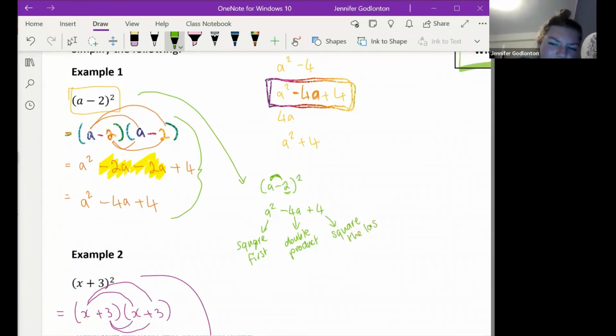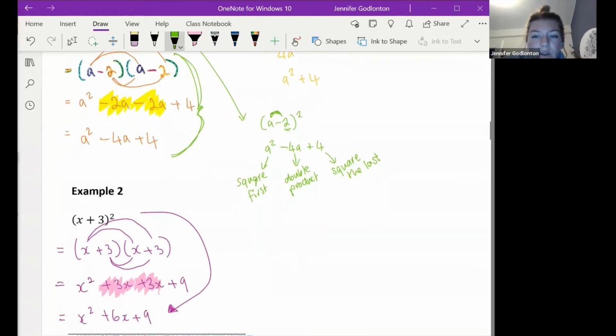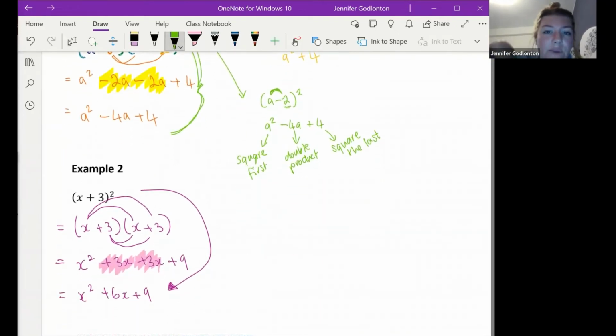Okay, and you don't have to remember this if it's not something that's going on happily in your head, because if you write it out, you always will get to the right answer. It's just that when you get more comfortable with these, you'll find things like this a little bit easier. So for example, if we look at this one, we've got x plus 3 all squared.